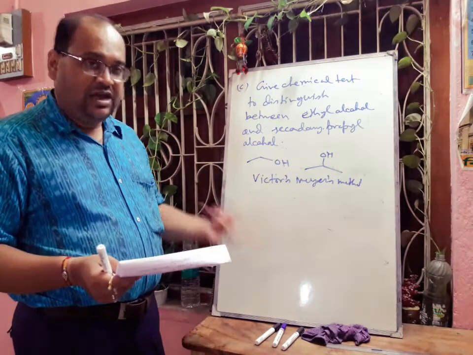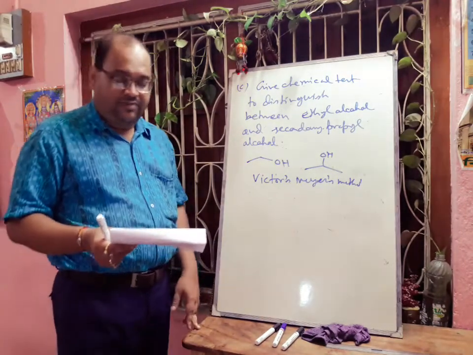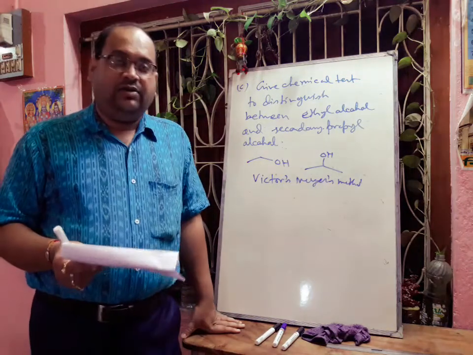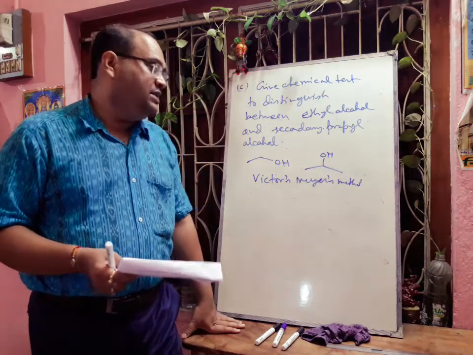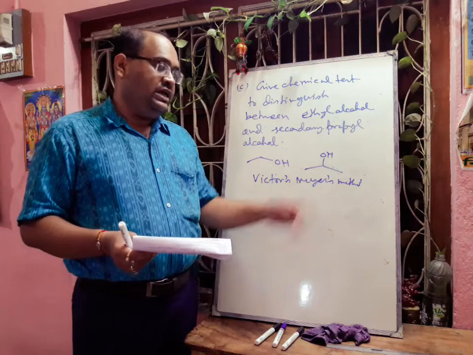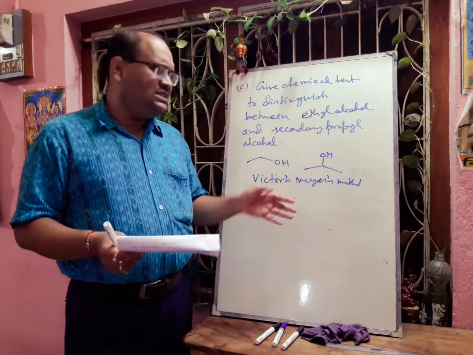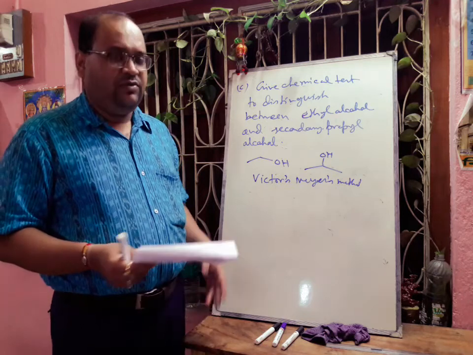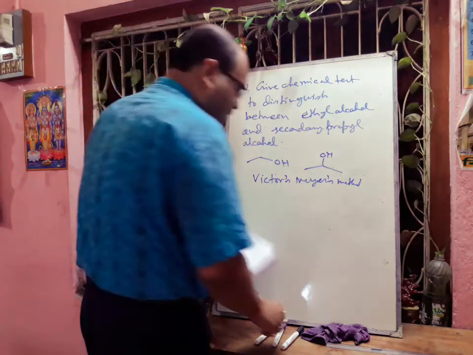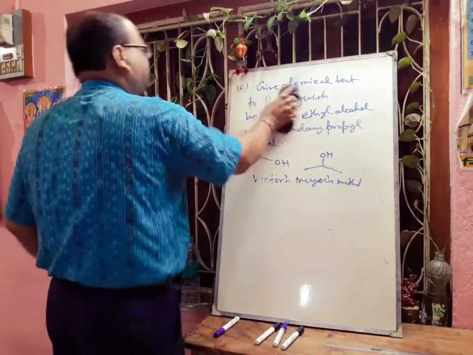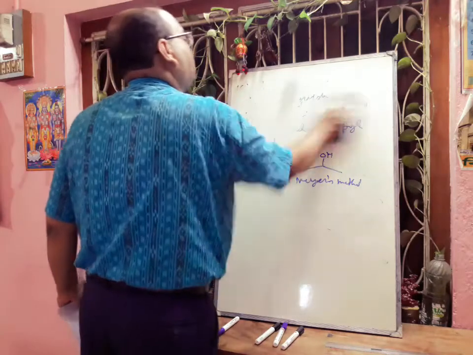Then if we add sodium hydroxide, there will be formation of a salt and we will get the blood red coloration. If we do the same process in case of the secondary alcohol, in the final stage the addition of NaOH will give blue coloration. So here I am writing the whole process so that you can understand. This is the Victor Meyer test.